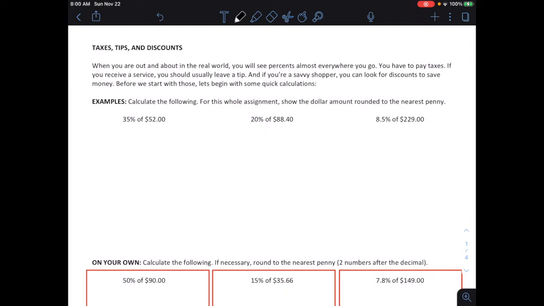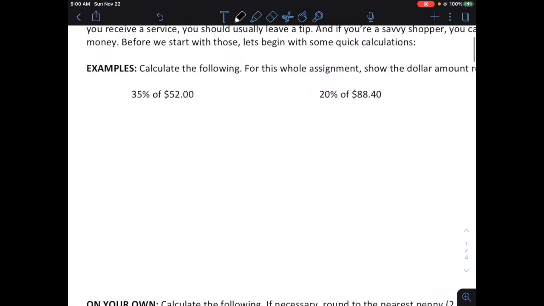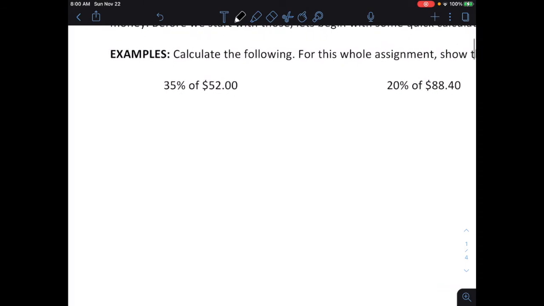So if we look at these first three examples, we have 35% of $52. So if we think about our fraction that we learned about, it's percent over 100 is equal to is over of.